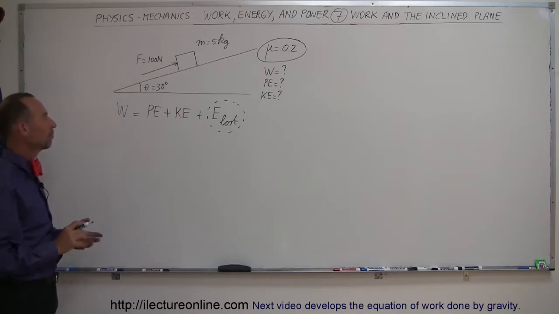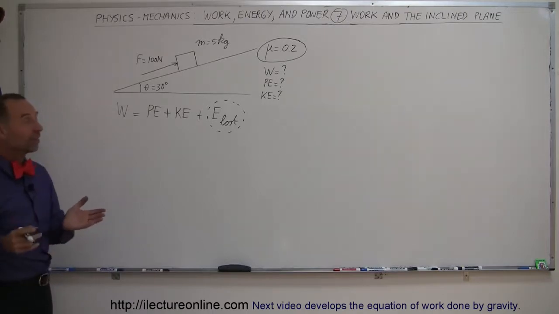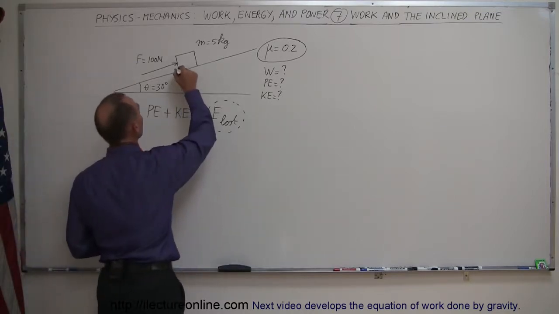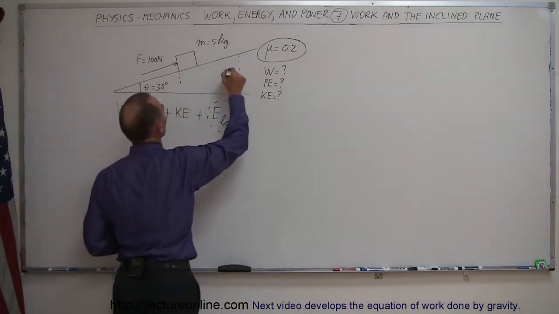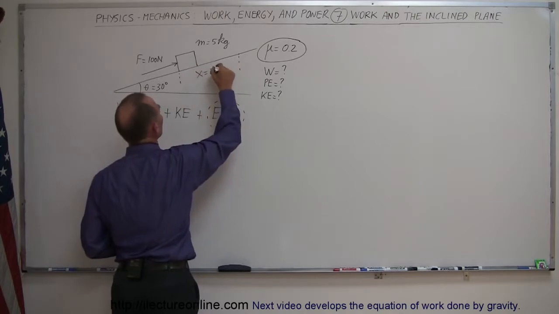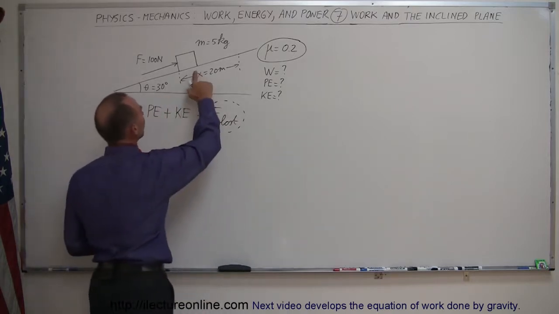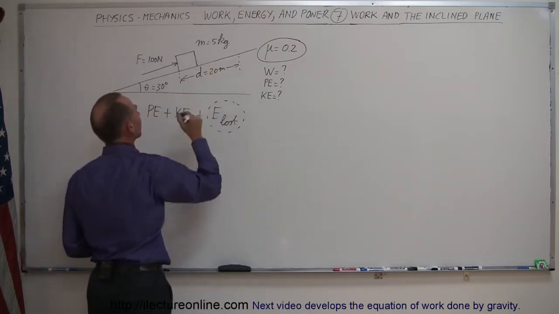All right. Now, first of all, we can start with the basic definition that work done is equal to force times distance. Let's say again that we move the object a distance of 20 meters, so x equals 20 meters. That's the displacement of the object, and maybe we use the letter D for displacement.